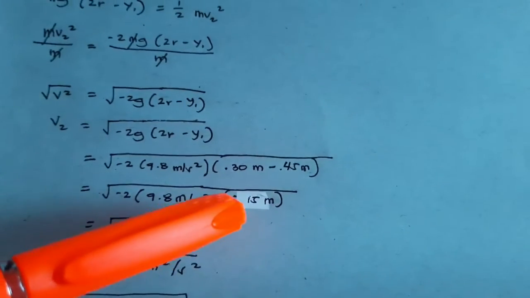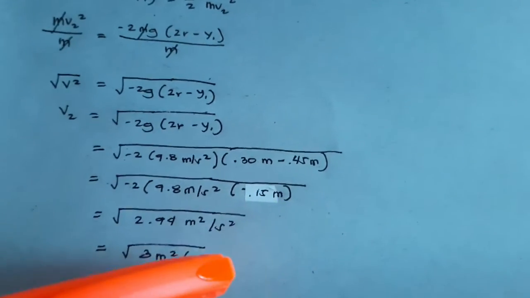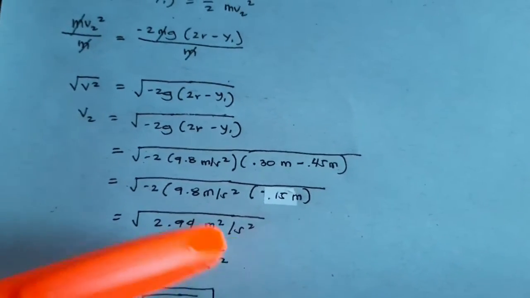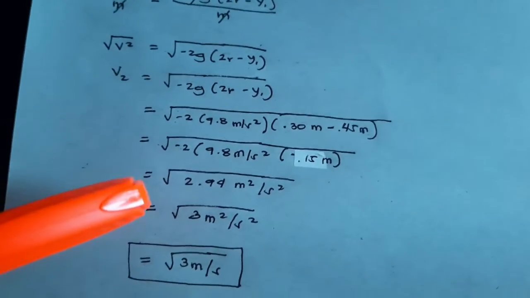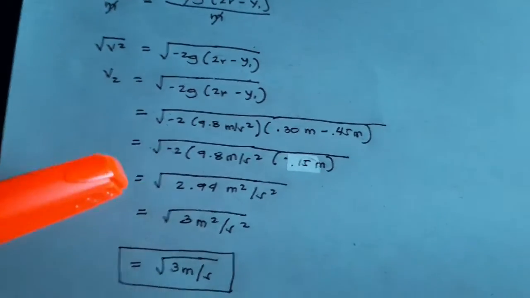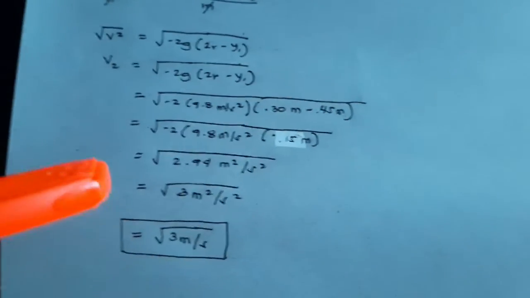We can directly get negative 0.15 meter. Then we just multiply, so it is equal to the square root of 2.94 meters squared per second squared.